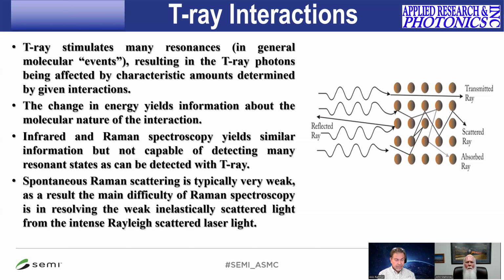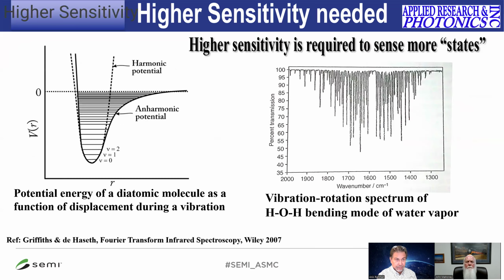As I said in a previous slide, there are not only translational, vibrational, rotational, and torsional resonances, all of which T-ray can be sensitive to, as opposed to infrared or Raman, where sensitivity comes from bond vibration. So the jargon is that infrared shakes the bond, but T-ray shakes the whole molecule. So we get a lot more information, which has pluses and minuses, as we'll show you very soon.